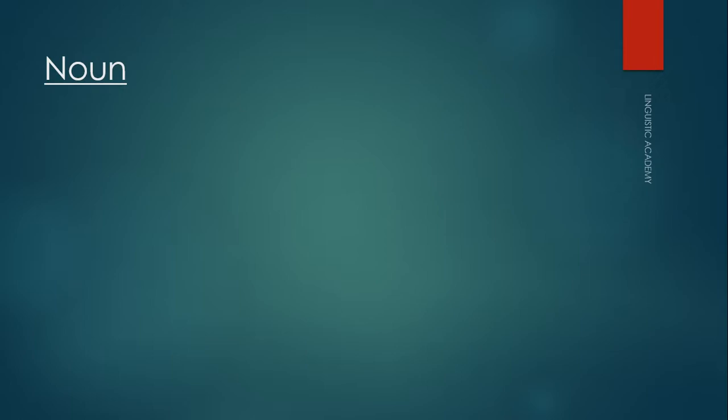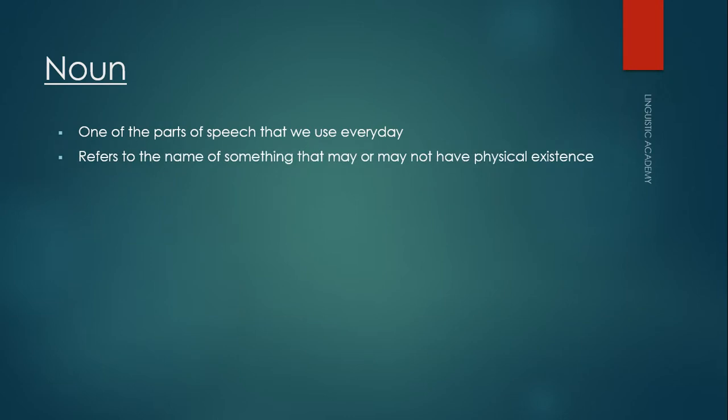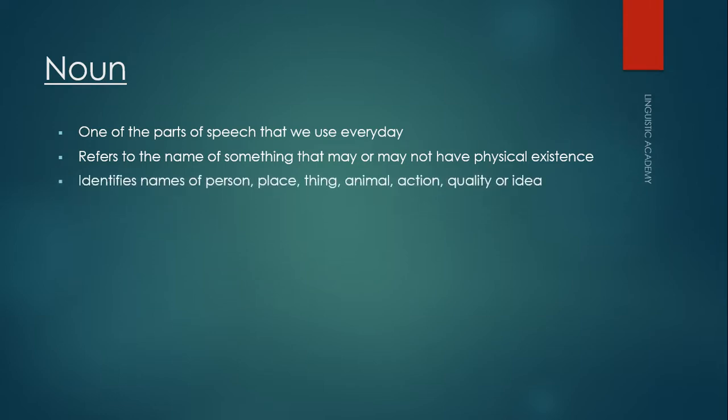Noun. As we have already discussed, noun is one of the most common parts of speech that we use every day. It refers to the name of something that may or may not have physical existence. As per its definition, it identifies names of person, place, thing, animal, action, quality or idea.